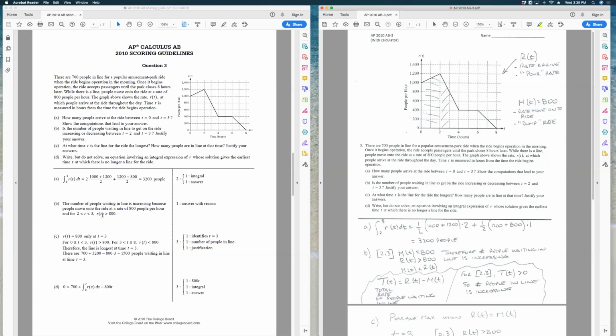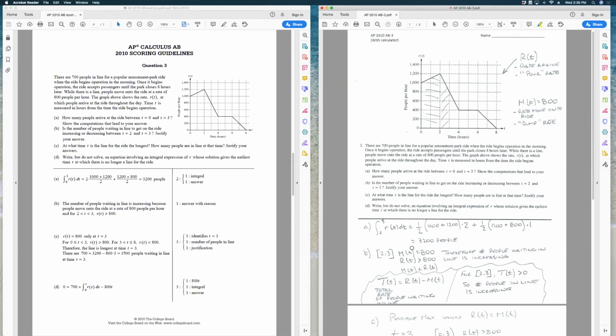And from 2 to 3, the rate of people getting into the line is more than 800. So if you look at the graph, between 2 and 3, the rate at which people get onto the ride is between 800 and 1,200. So therefore, the people are getting into the line at a greater rate than people are getting onto the ride. So therefore, the line is getting longer.